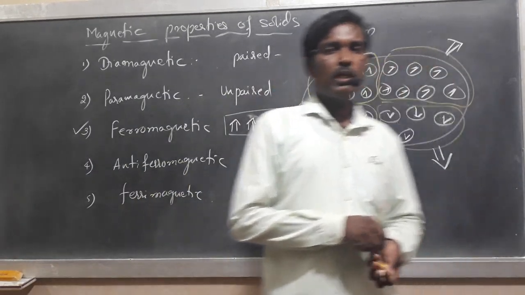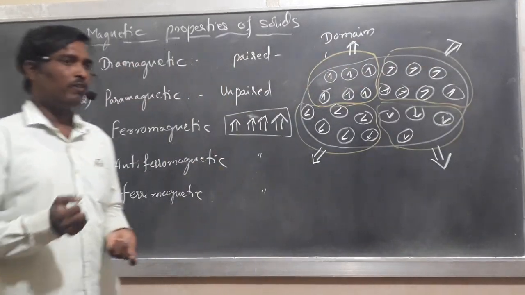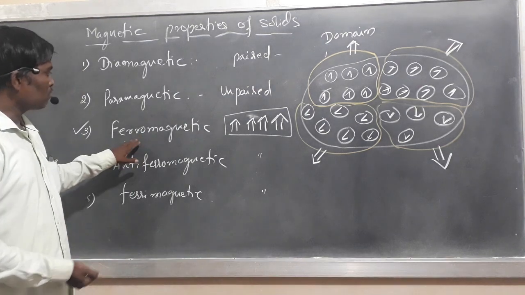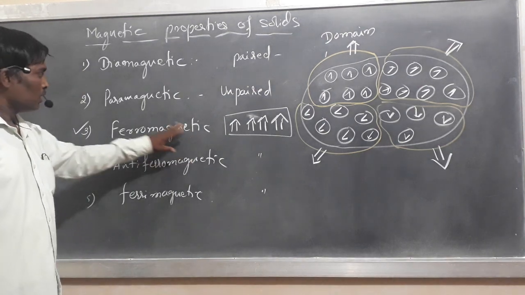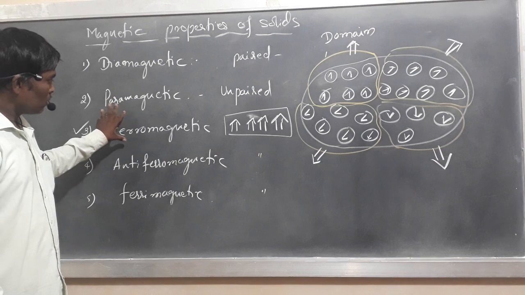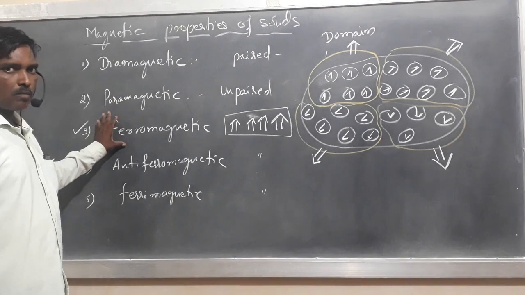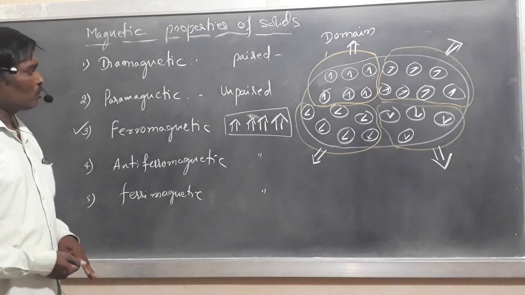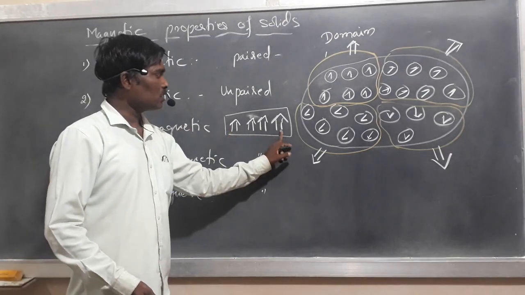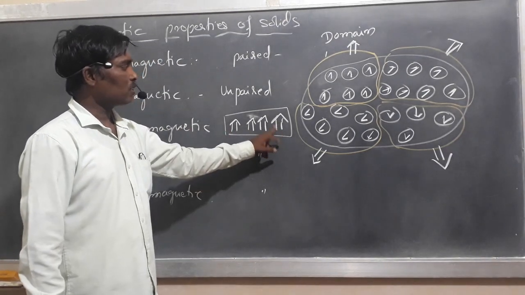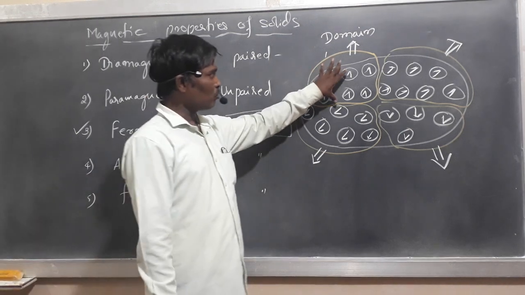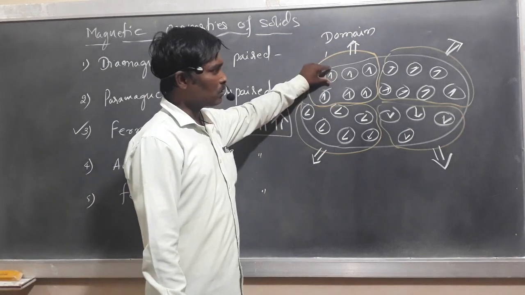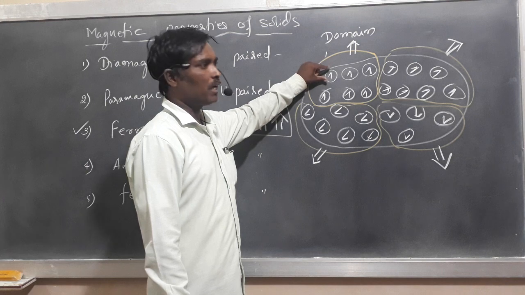Even if you remove that substance from the magnetic field, it still behaves like a magnet for a long time, because all these domains are oriented in one direction, where each domain contains a group of atoms, and each atom behaves like a small tiny magnet.